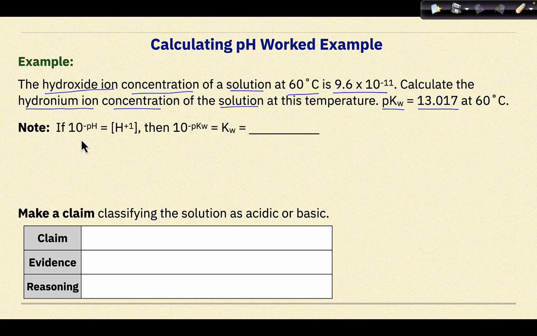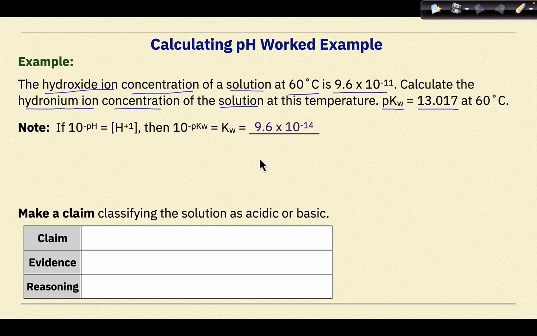So one thing to remember, the antilog of the negative pH is going to give us the hydrogen ion concentration. So if we take the antilog of negative 13.017, our Kw will be 9.6 times 10 to the negative 14. We can use this Kw to solve for our hydronium ion concentration.